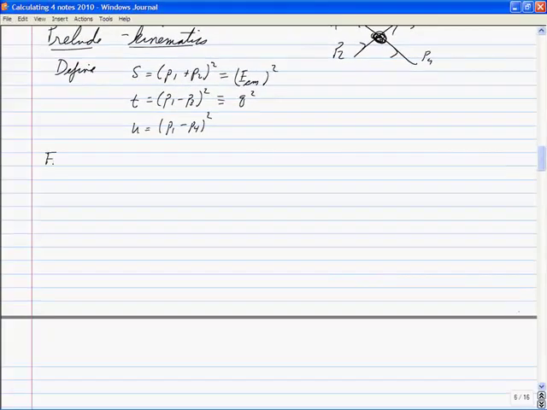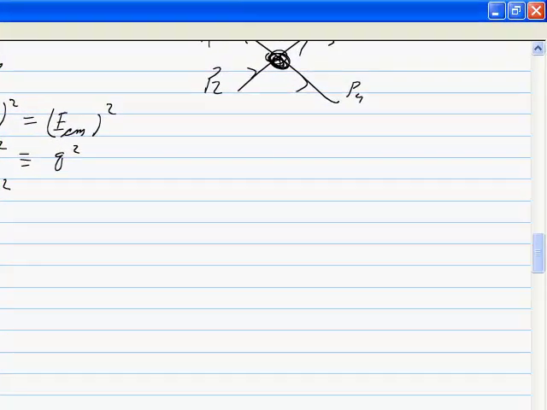I'm going to use an important property of this. We're going to apply this for massless particles. For massless particles, S is P1 squared plus P2 squared plus 2P1 dot P2.